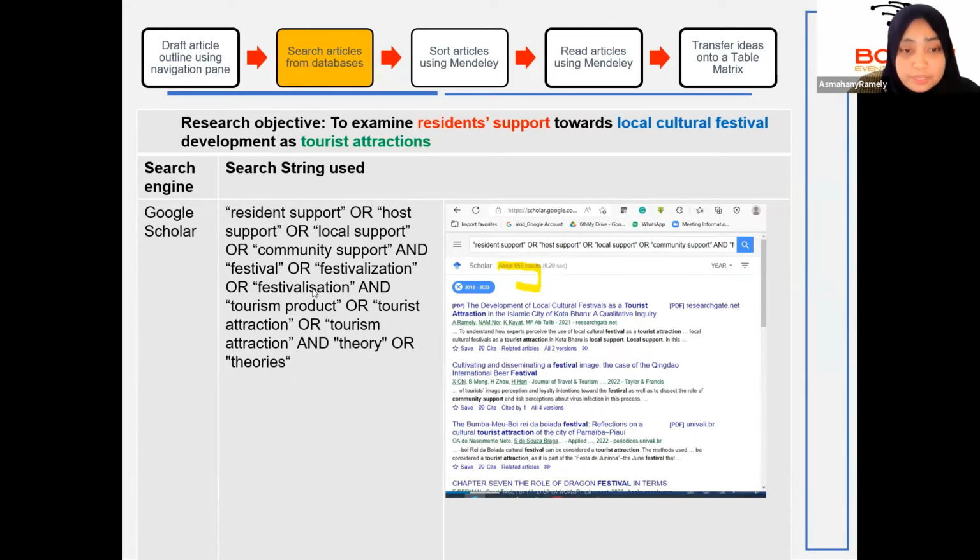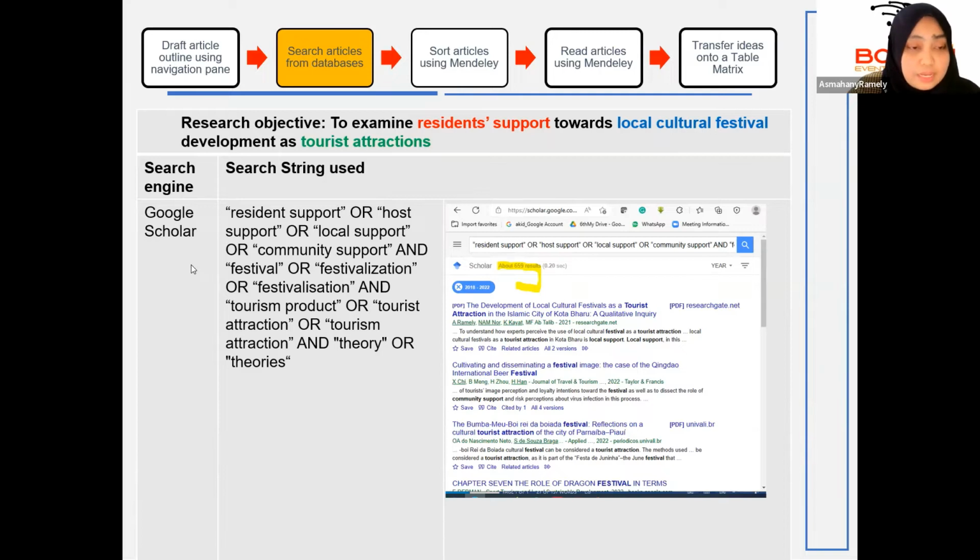So at this stage we have 4 different keywords to be used in Google Scholar. If you ask me about the search engine, where to find that particular article, there is no right or wrong, and there is no specific database for you to search.